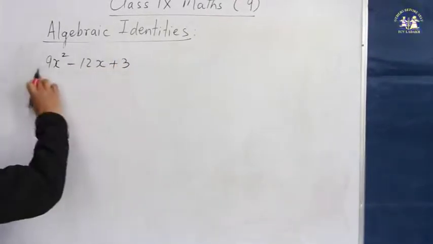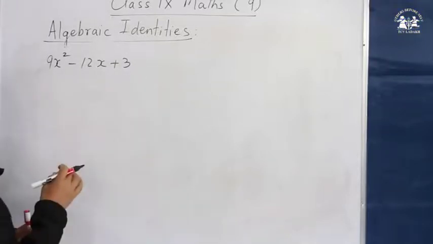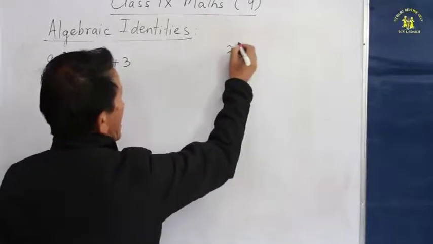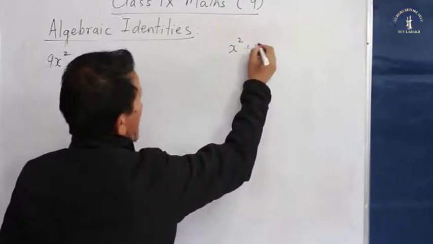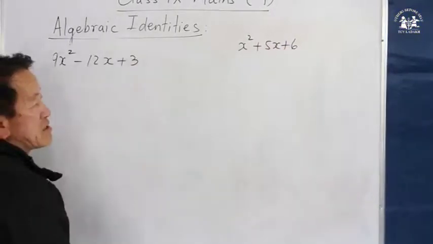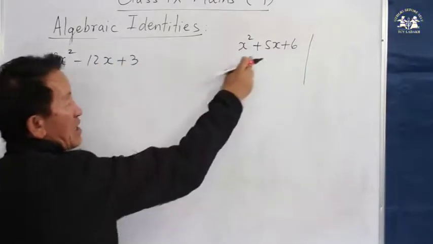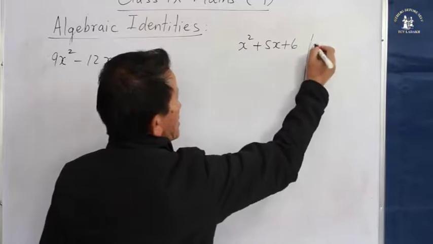Now before we discuss this example, let us take a simple example, and that is x squared plus 5x plus 6. Let's try to factorize this. So here the middle term is 5x.